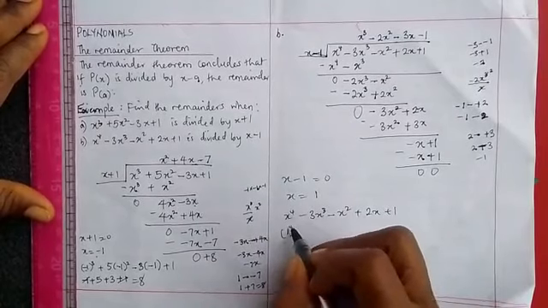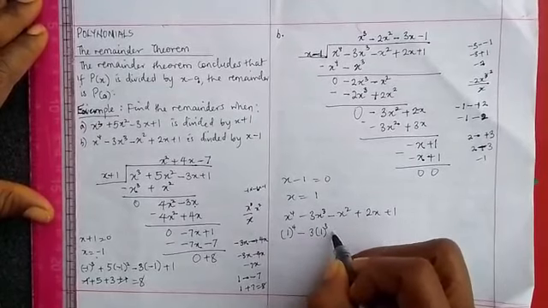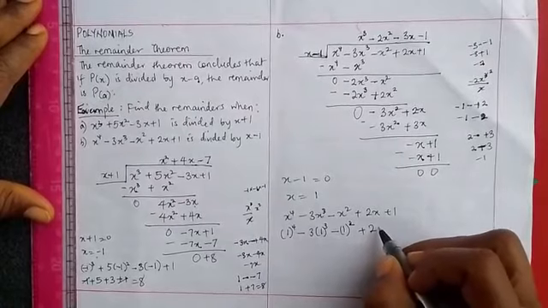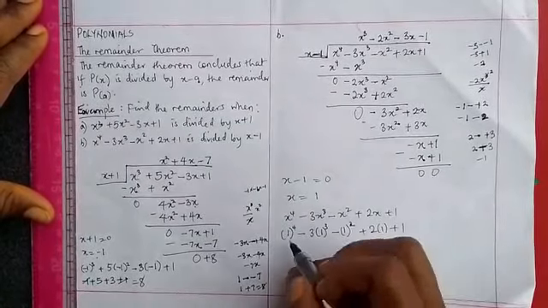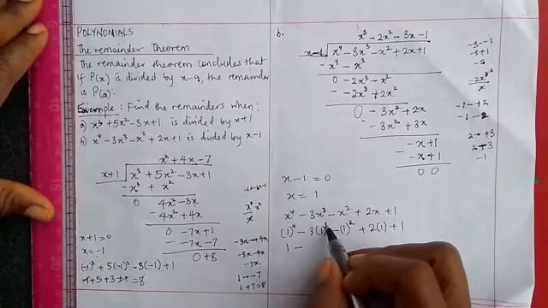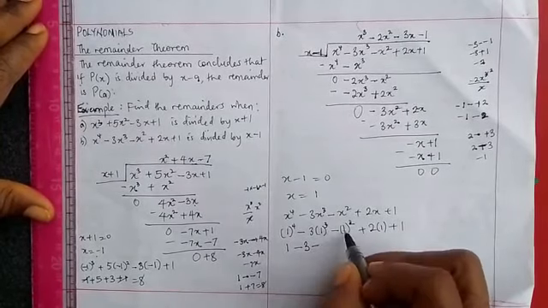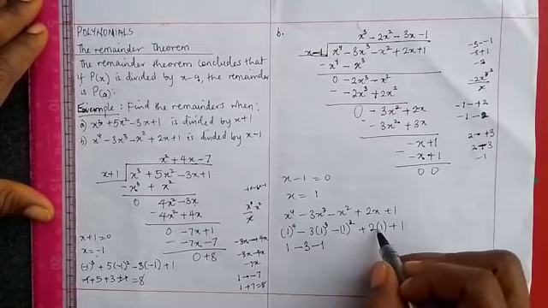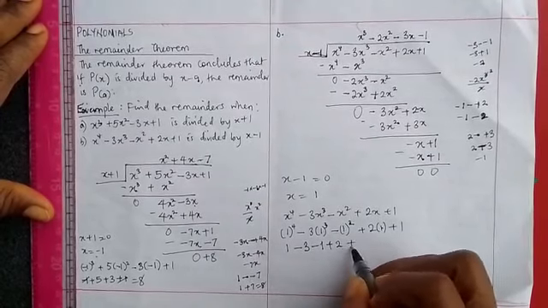That is 1 raised to the power of 4 minus 3 open bracket 1 raised to the power of 3 minus 1 open bracket 1 raised to the power of 2 plus 2x, which is 1, plus 1. 1 raised to the power of 4 is 1, minus 1 raised to the power of 3 is 1, minus 3, 1 raised to the power of 2 is 1. Then this one is 1, 2 times 1 is 2, plus 1.